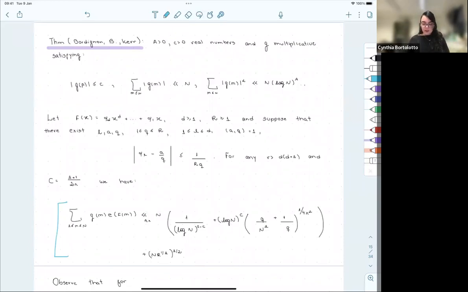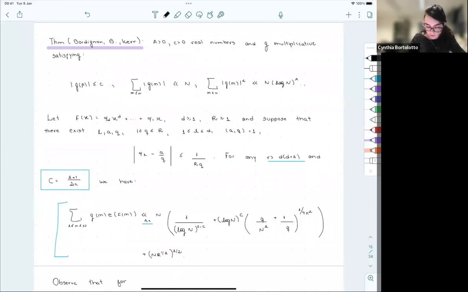So let's make some observations here. This R is a parameter. We can take it as big as we want, but the constant here will depend on R. And we have this C here, which is A plus 1 divided by 2R.